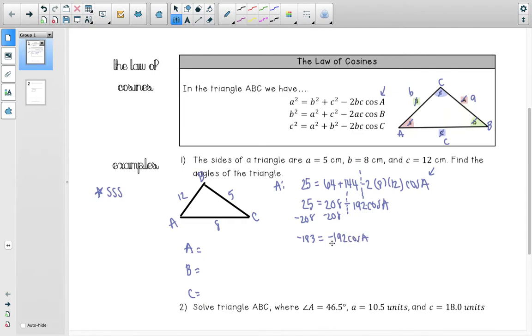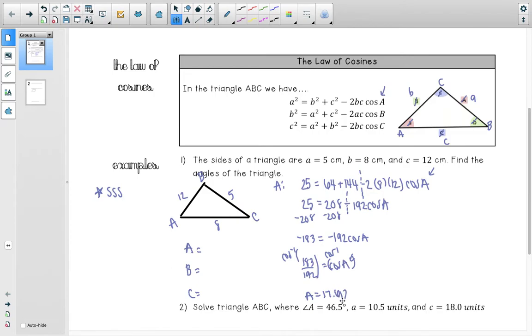And you're going to divide the negative 183 over 192. So I'm just going to write it this way and not simplify it. And what you're trying to get is cosine of A. And if we remember from the last lesson, when we did this, we did the inverse cosine of both sides. So if you type this right here into your calculator, you'll get the answer for angle A. And angle A is 17.61.